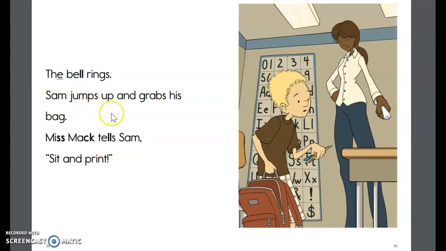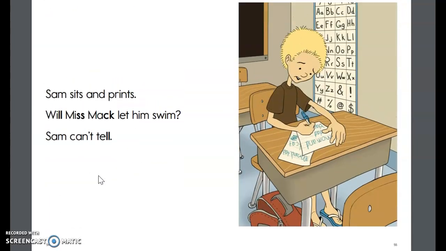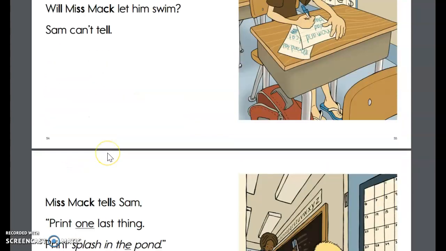Sam jumps up and grabs his bag. Miss Mack tells Sam, sit and print. Sam sits and prints. Will Miss Mack let him swim? Sam can't tell.